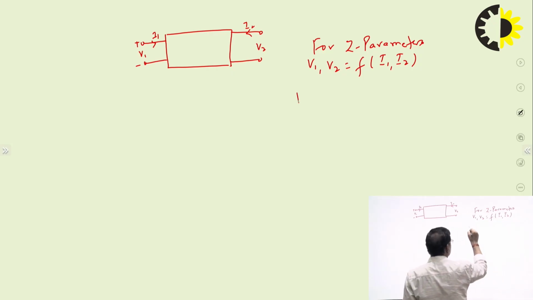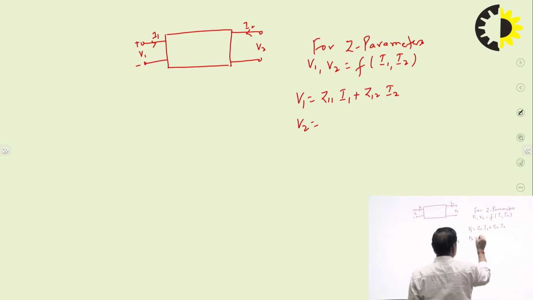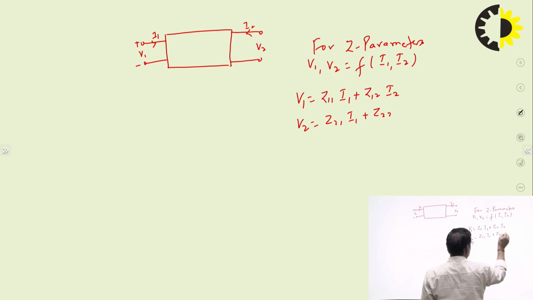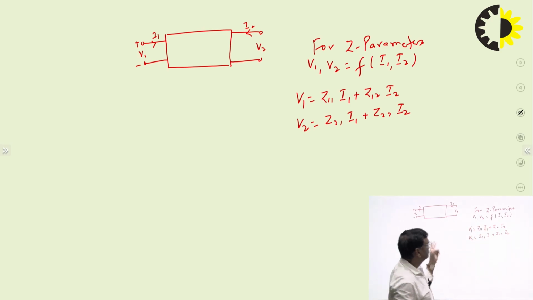So we can write V1 is equal to Z11 I1 plus Z12 I2, and V2 is Z21 I1 plus Z22 I2, right. So these are the equations in terms of Z parameters. Just from these equations we can draw the equivalent network of Z parameters.